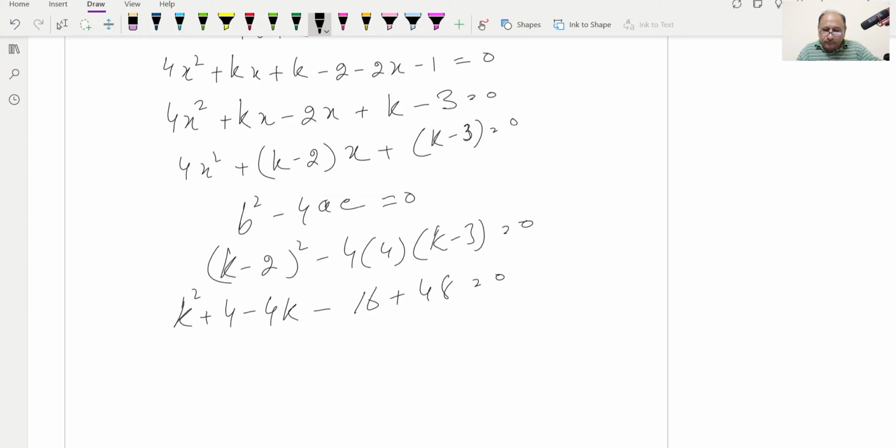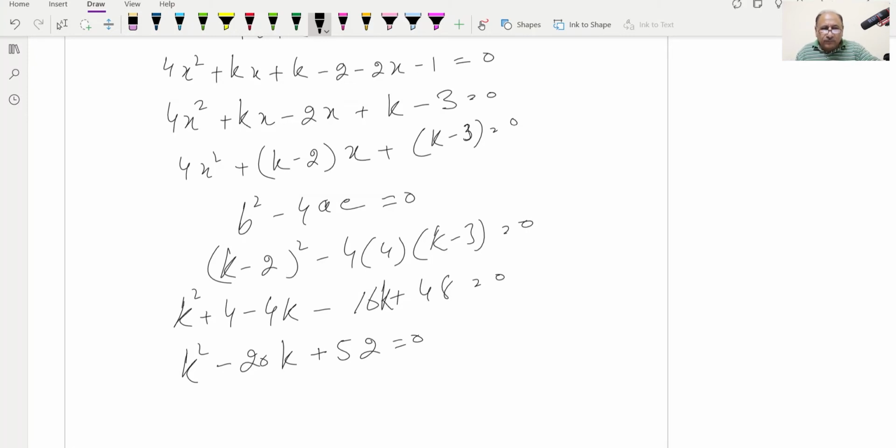Now this will be 16k, we missed k over here. Now we can add the like terms: k squared, minus 4k minus 16k, which is minus 20k, and 4 plus 48 is plus 52, equal to 0.